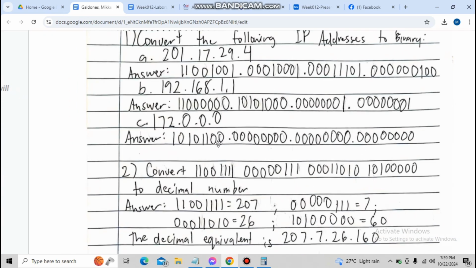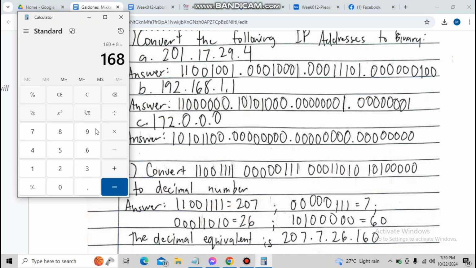Now item C. Since parts 2, 3, and 4 of our IP address are all 0, we will just leave all 8 digits of the binary code as 0, and we'll focus on the first part, which reads 172. The only digits marked 1 on the binary code are 128, 32, 8, and 4.